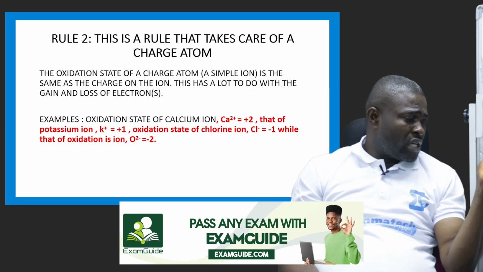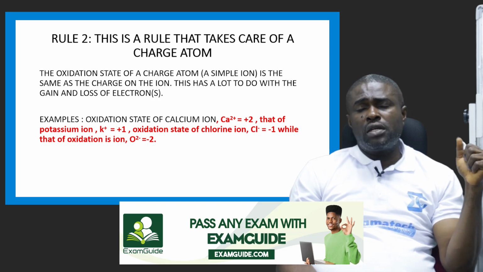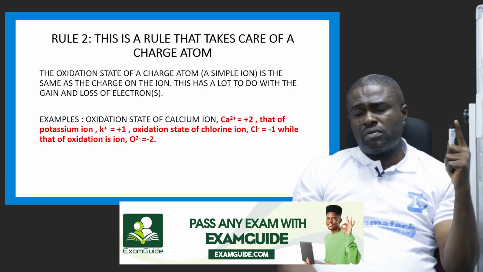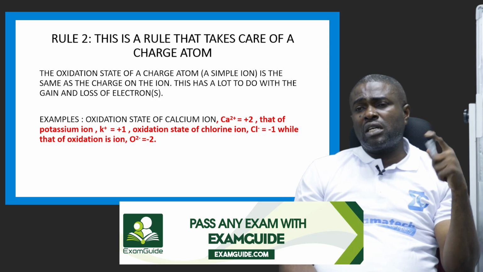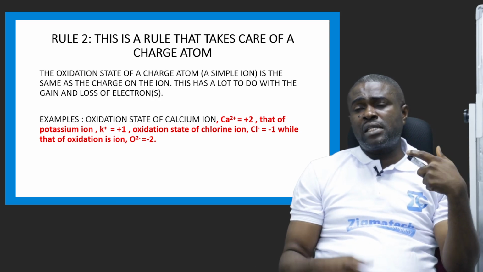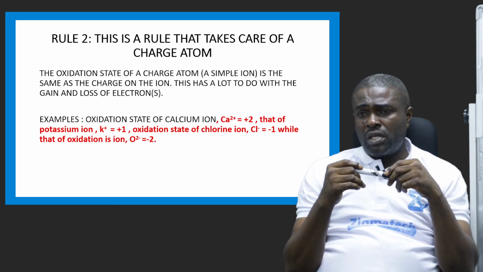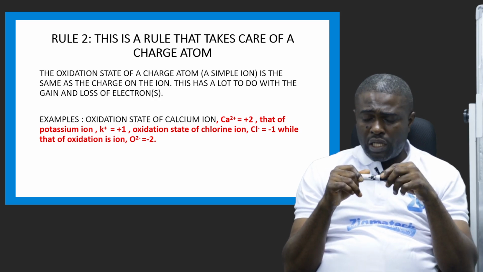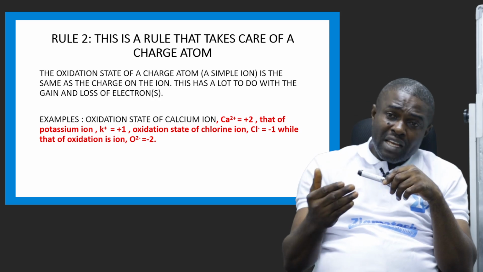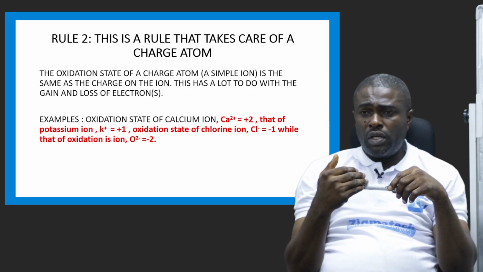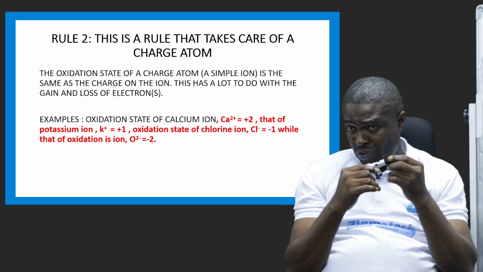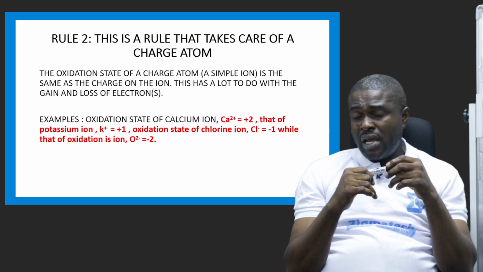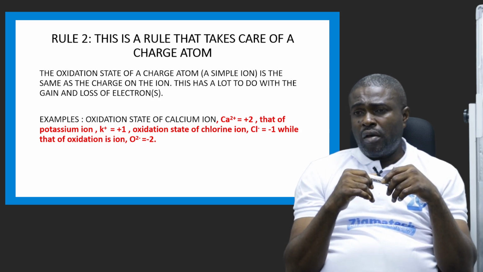When you have this electronic configuration written, check the last shell. If the last shell has less than 4 electrons, that means the element will lose such electrons so that the next shell will become complete, which will now serve as the outermost shell. You remember? Yes.